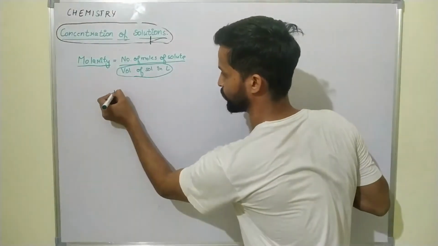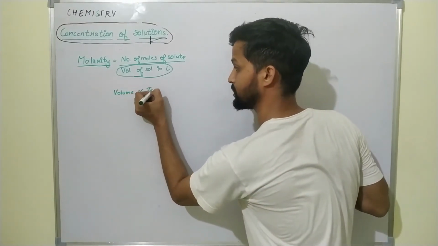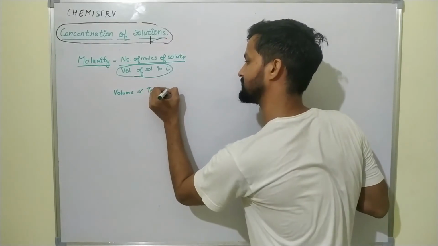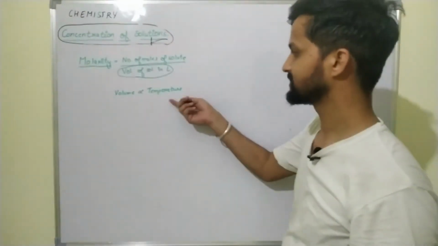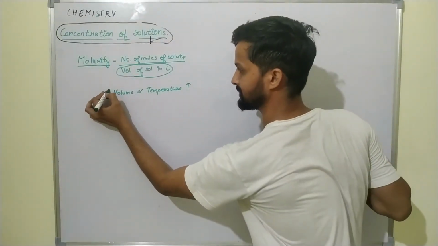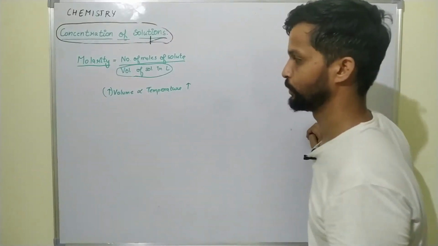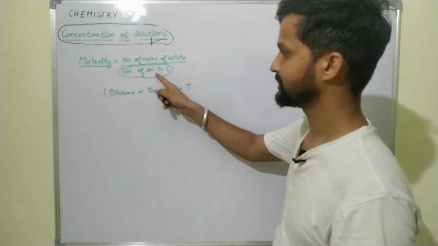So the volume is directly proportional to temperature. So its meaning is whenever you heat any solution, clear, at that time its temperature increases. So if temperature increases, there is also an increase in volume, clear. So here the volume of the solution changes with the temperature.